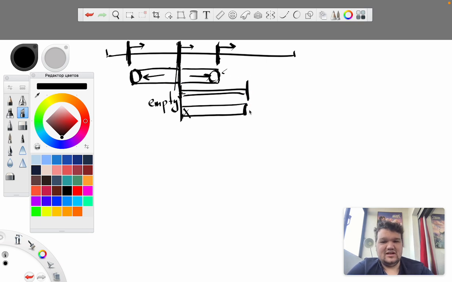So we will pop elements one by one, and each time we pop an element we will push it to the first stack instead.